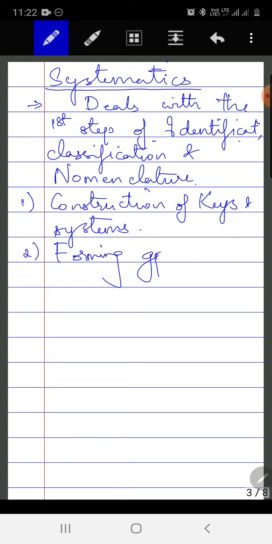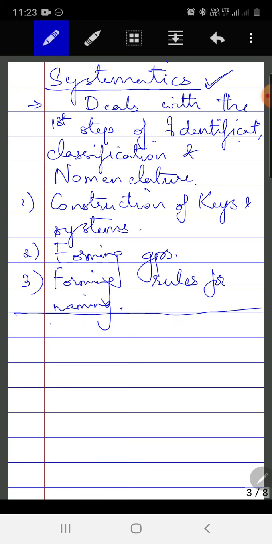Forming groups is a part of classification, and third, forming rules for naming. This is systematics.